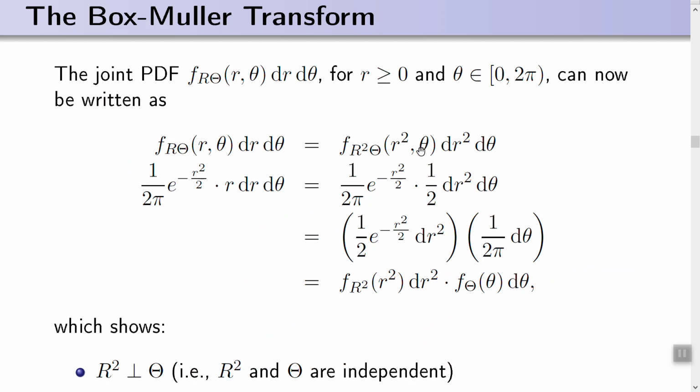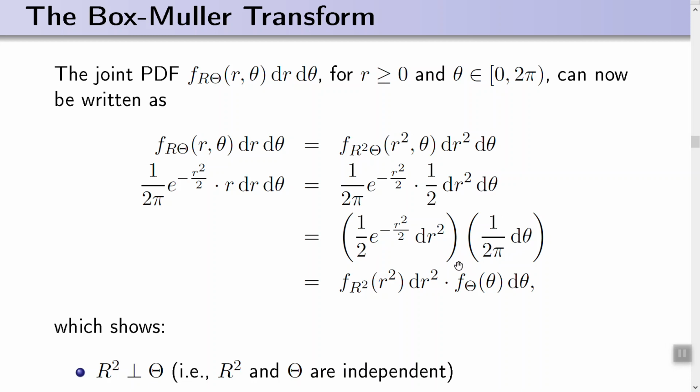We leave the joint density part as is. The r dr becomes 1/2 d(r squared), and then we can factor this apart into 1/2 e to the negative r squared over 2 d(r squared), and then 1 over 2 pi d theta.